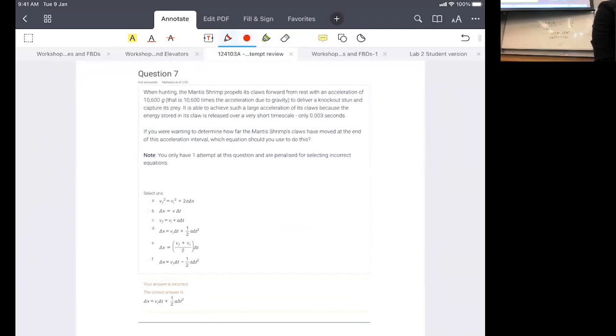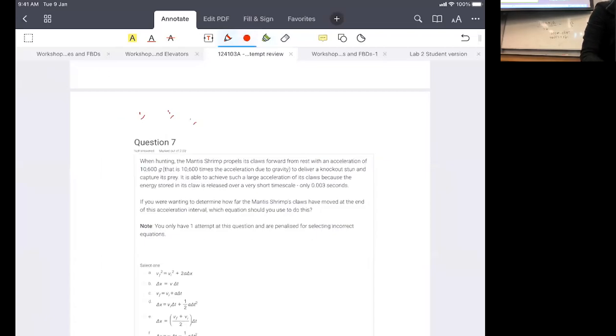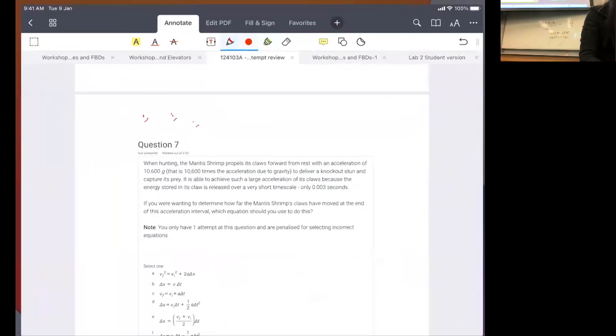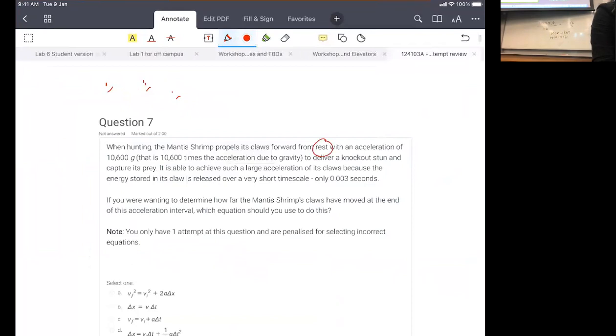It goes from rest, so from rest, that means the initial velocity is 0.